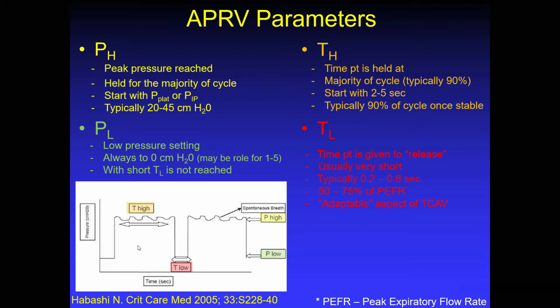To start with, when patients are initiated on TCAV APRV, particularly if it's a rescue type of situation or an unstable patient, you're going to tend to start with high P highs and shorter T highs.